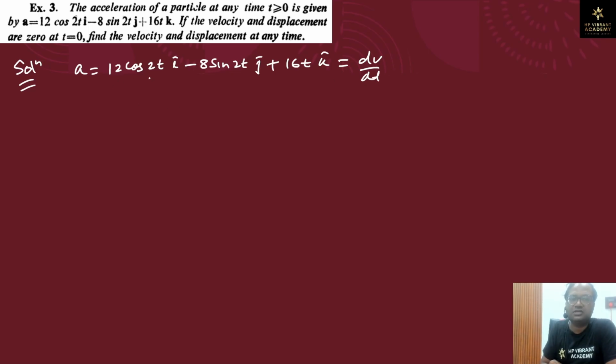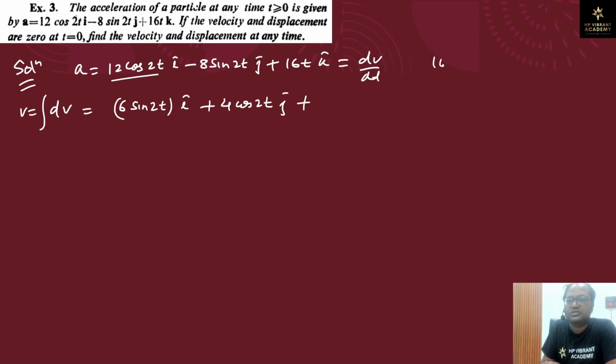So let us integrate this with respect to t. So v is equal to integrate of dv is equal to the integration of this with respect to t. So this is 6 sin 2t i cap and this is plus 4 cos 2t j cap and this is plus 16t square upon 2, this is 8t square k cap plus constant of integration.